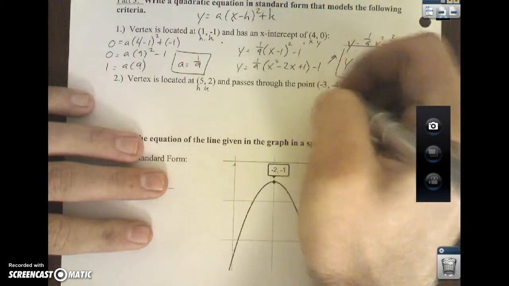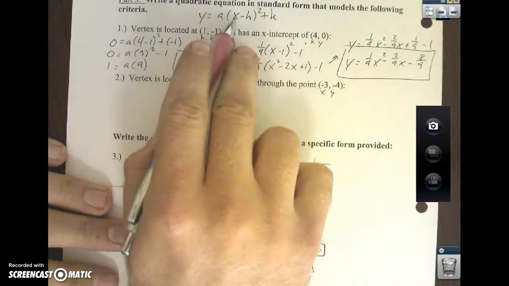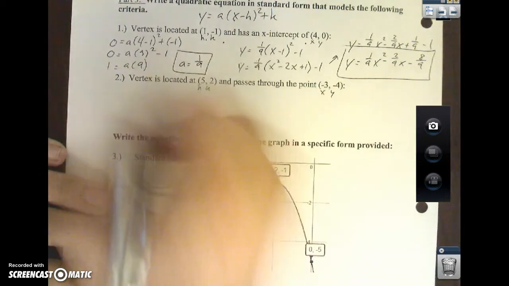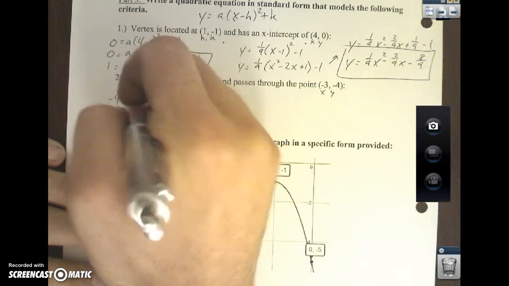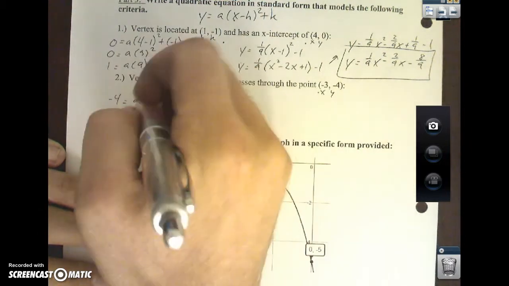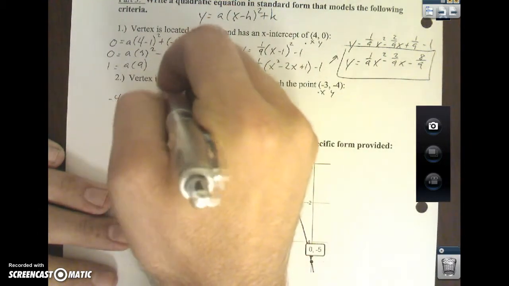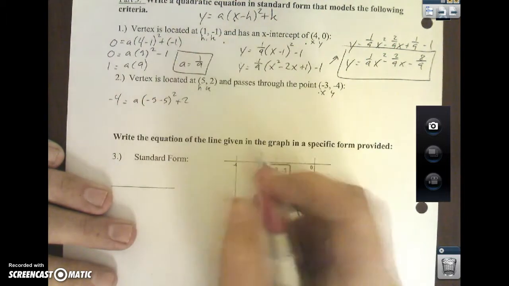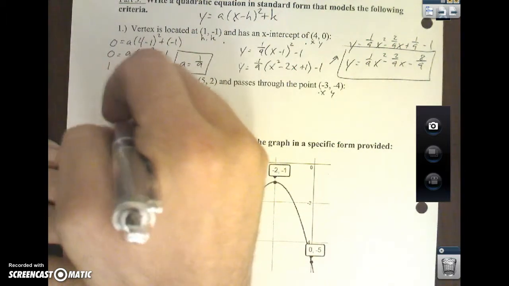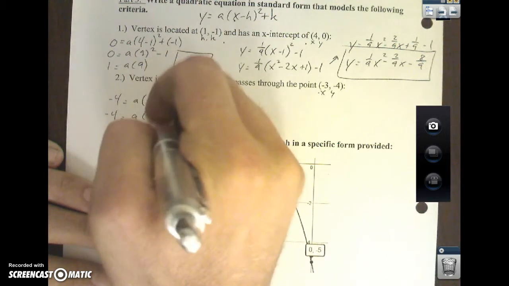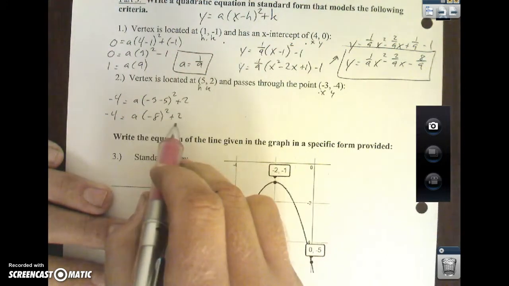H, K, X, Y, plugging everything into this formula. So Y is -4, A I don't know yet. X is -3, minus my H, which is 5, squared, and my K is +2. -4 equals A times (-8) squared plus 2. I can subtract 2 over.